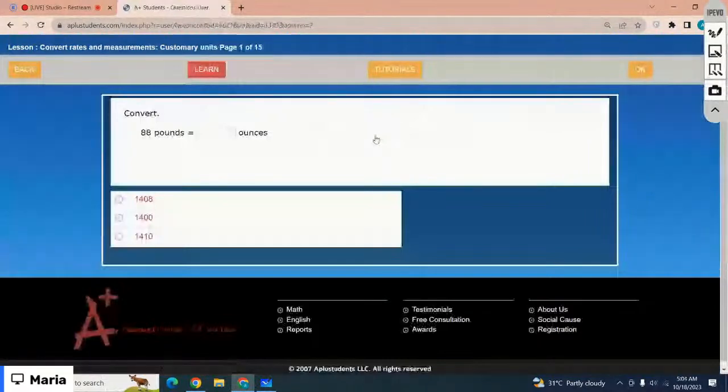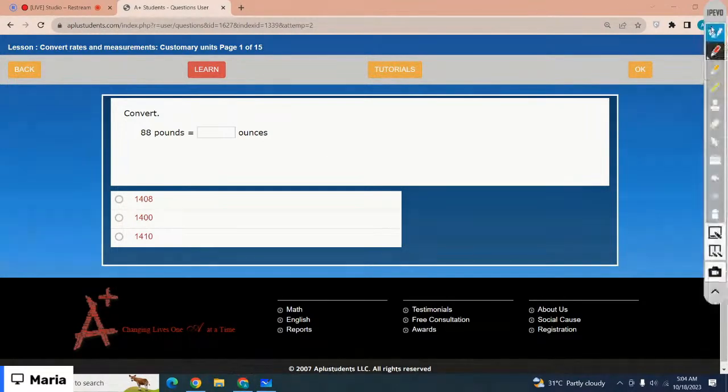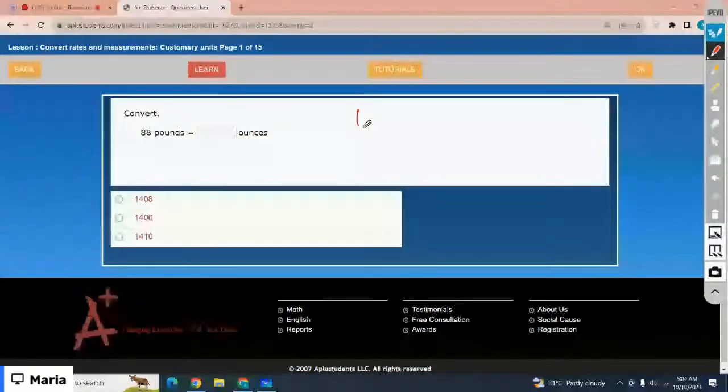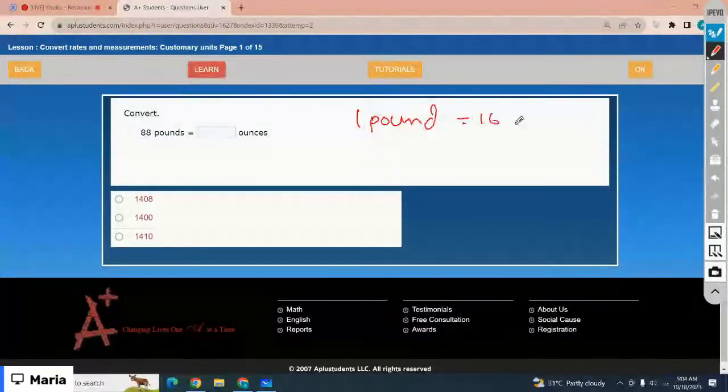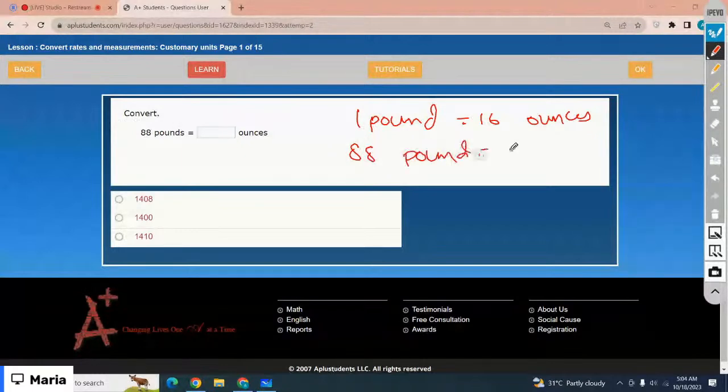88 pounds equal how many ounces? 1 pound equals 16 ounces. So 88 pounds equal 88 times 16, right?